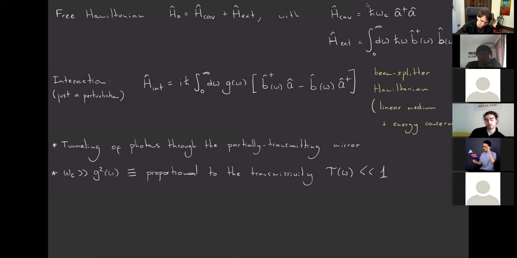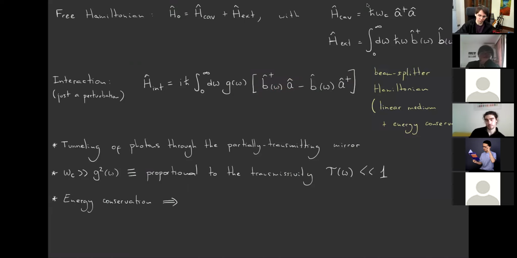Now, there is an important thing, which I have already mentioned, but here I want to make it even more clear. Energy conservation will tell us, so I already used energy conservation to remove from the possible quadratic terms the terms that are B dagger, A dagger. But even for the terms B dagger, A, if the frequency omega is very different from the frequency of the cavity, omega C, the corresponding mode will not do anything.